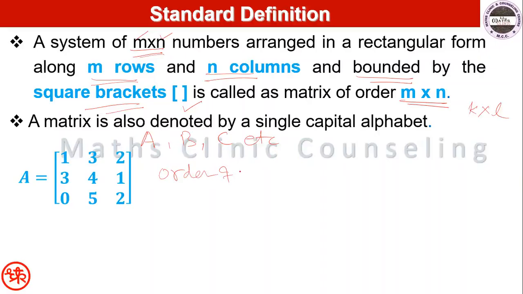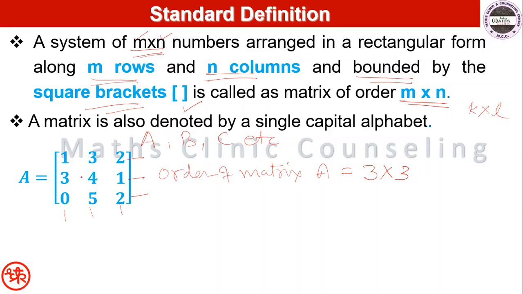The order of matrix A is the number of rows, which is 3, into the number of columns, which is 3. So 3 by 3.